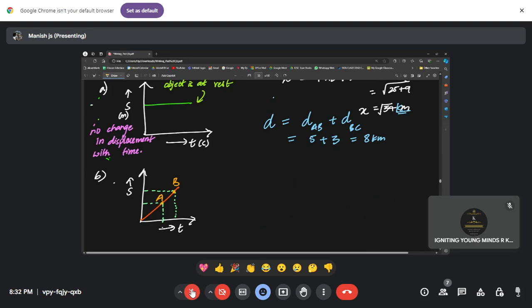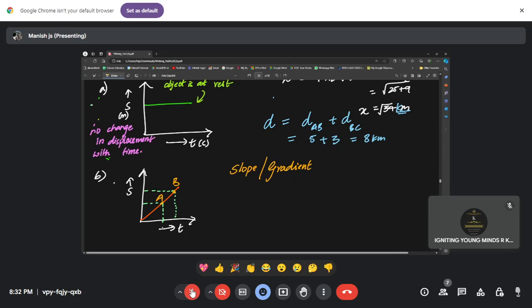I hope you might have some information about slope. Okay, so I'll just teach you that. Slope is often referred to as gradient. Both are one and the same, just called by different names. Both are synonyms.